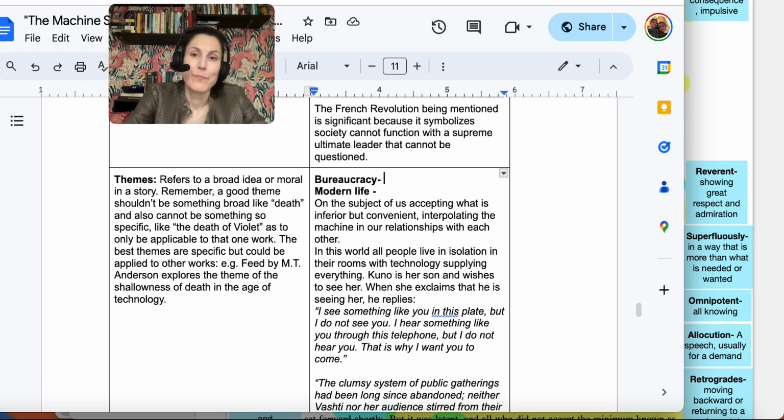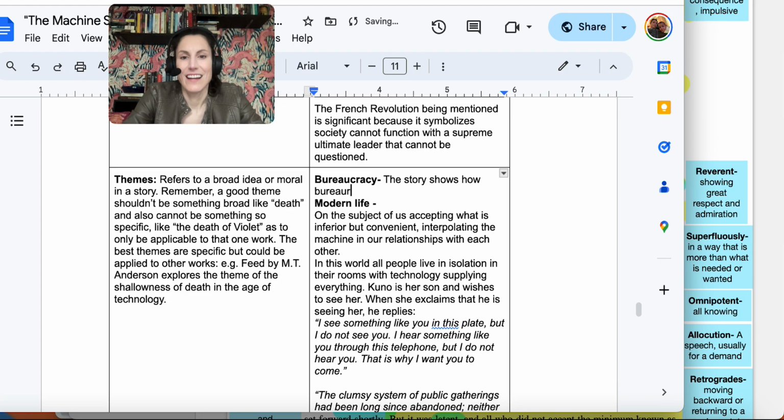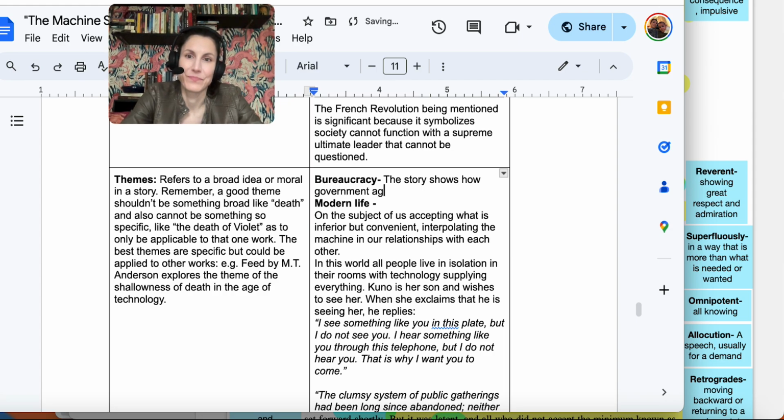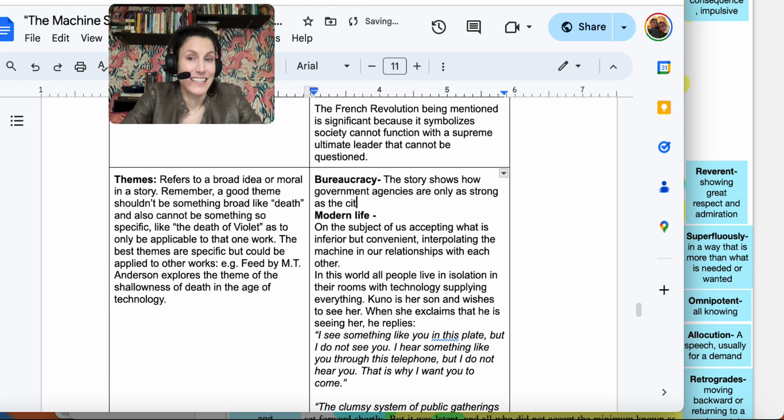So bureaucracy, we can say the story shows how bureaucracies, government agencies, I'll put that, how government agencies are only as strong as the citizens that hold them accountable.